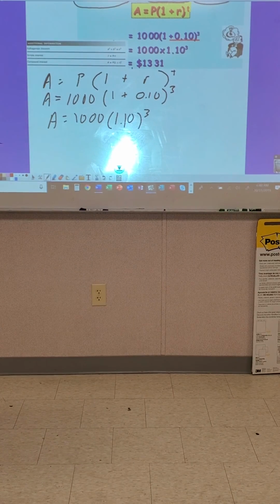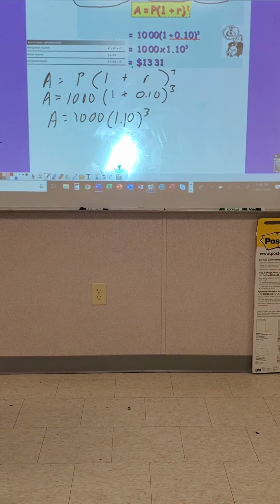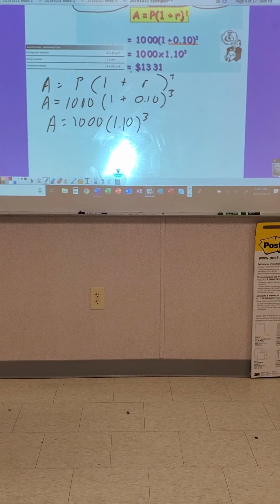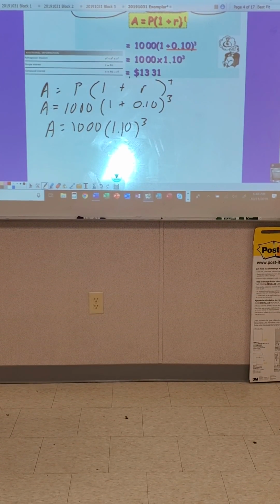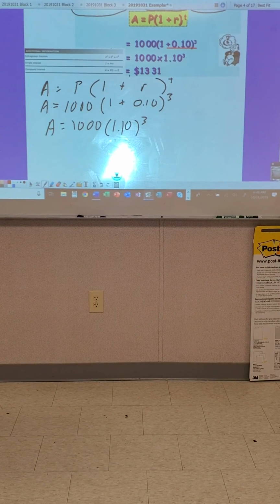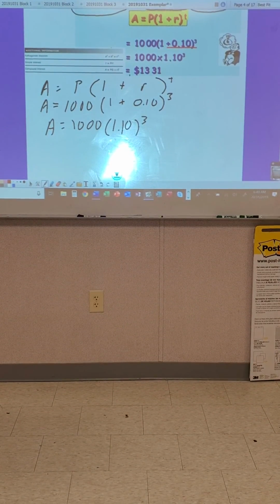So, if we calculate 1.10 to the third power, that's going to give us 1.331.